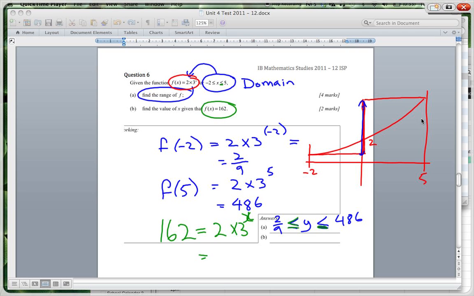You can't do that, all right? This is 3 to the x. You've always got to do this separately. So you divide the 162 by 2, that cancels, and that becomes 81. 3 to the 4 is equal to 81, so that's 3 to the x. Therefore, x is equal to 4.